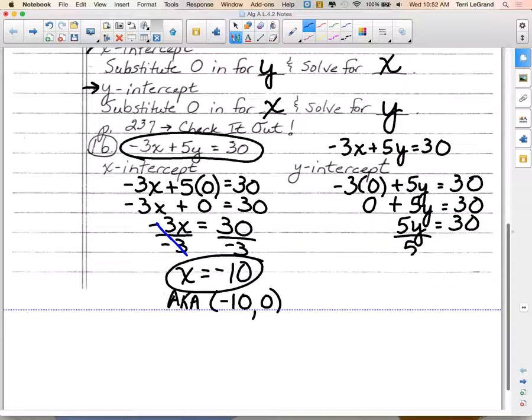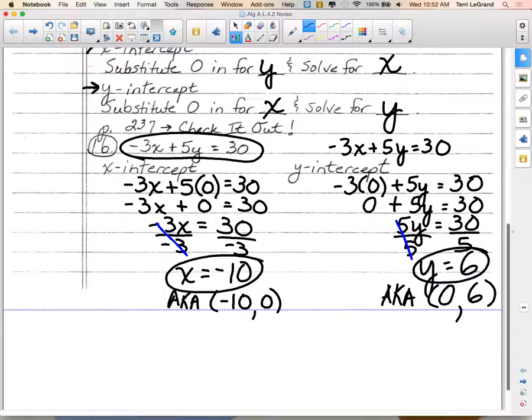Thanks, Holly, for saying that correctly. Divide both sides by 5. When we divide both sides by 5, we now have the y alone. What is our y-intercept? Positive 6. AKA, also known as, its ordered pair name? 0, 6. Very good.